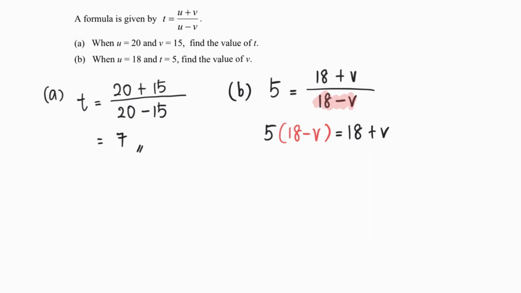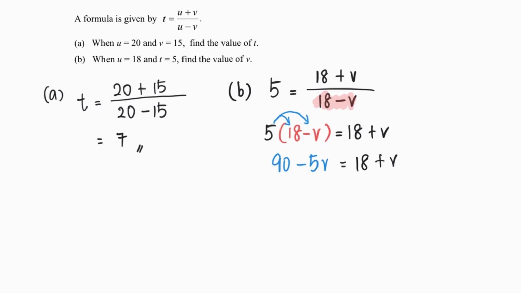And now I'm going to expand and simplify this. And so this will be 90 minus 5V equals to 18 plus V. Alright. So here, I would then try to make sure that only one side have all the V, right?